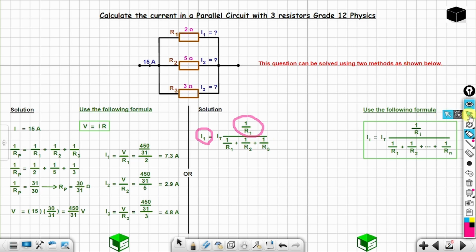So I1 is equal to the total current, 15 amperes, times 1 over R1, where R1 is equal to 2 ohms, over 1 over R1 plus 1 over R2 plus 1 over R3.